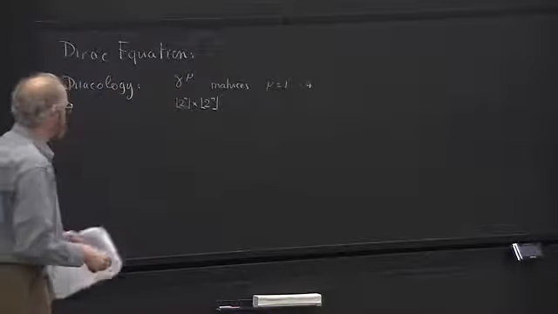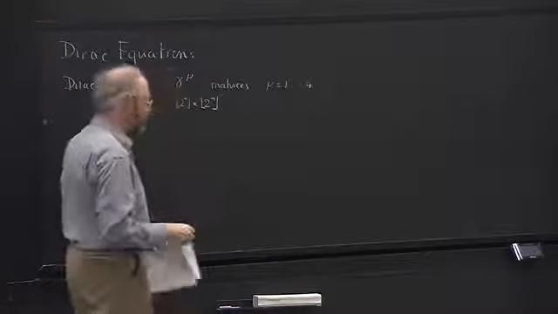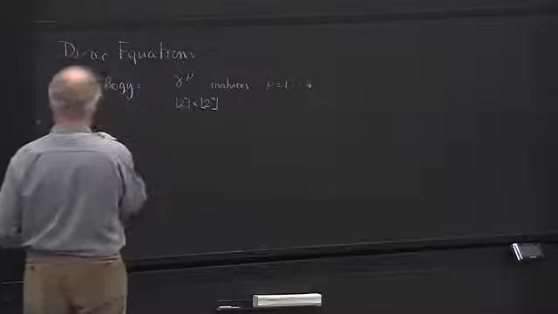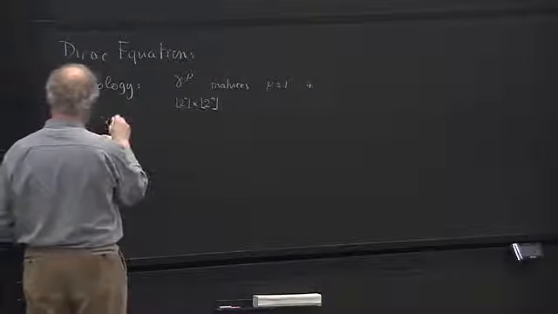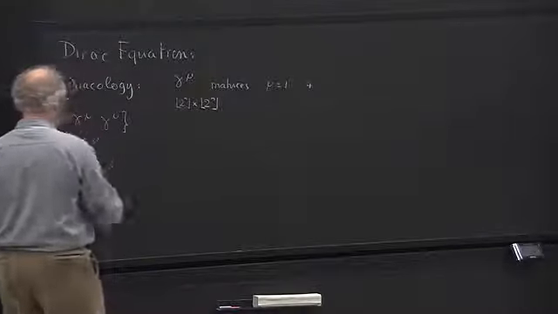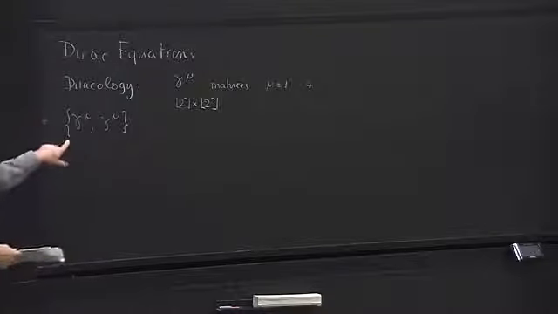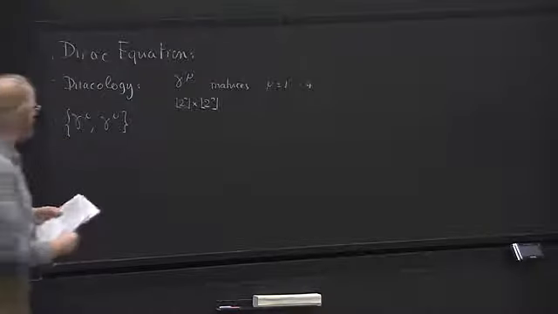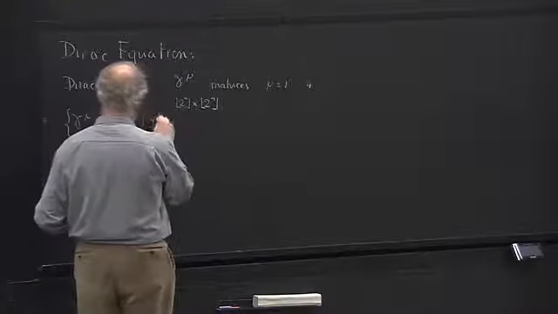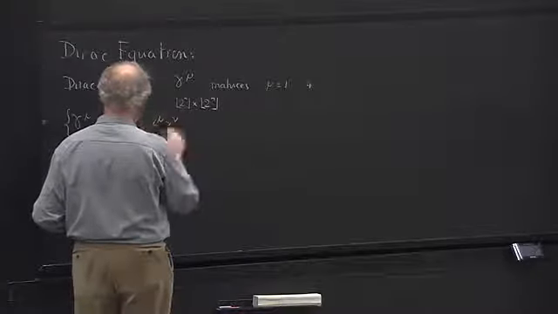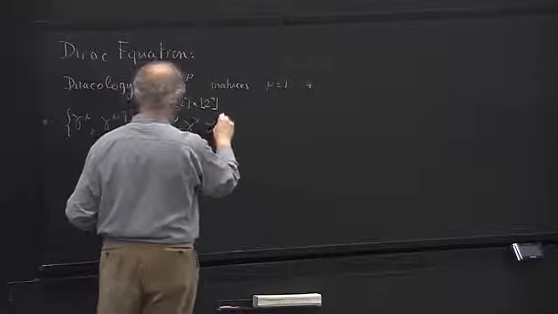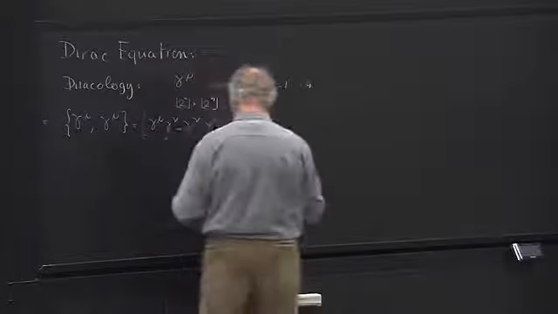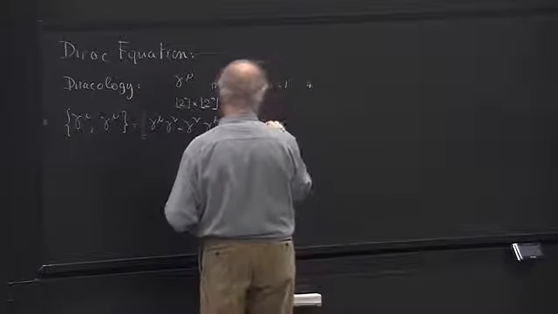And they obey the famous Dirac anti-commutation relation. Gamma mu, gamma nu, I put brackets to indicate that this is an anti-commutation relation. This is gamma mu gamma nu plus gamma nu gamma mu, and this is proportional to the metric tensor.